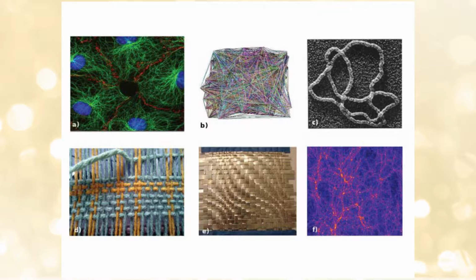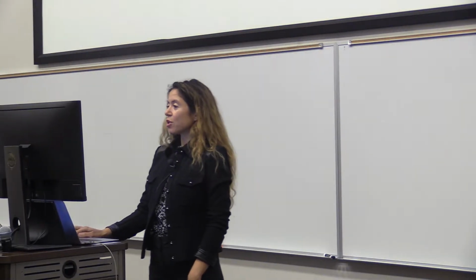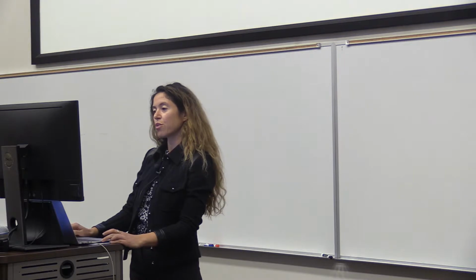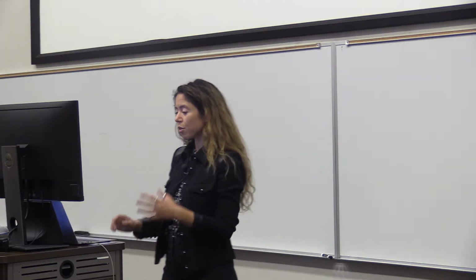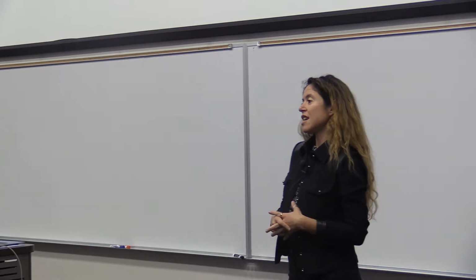And then this is a simulation of dark matter filaments. So there too you have filaments that can be entangled, and that fact can lead to interesting properties. So I will talk mostly about what is related to entanglement of many macromolecules. So more precisely, I will talk about my work on entanglement in polymers.